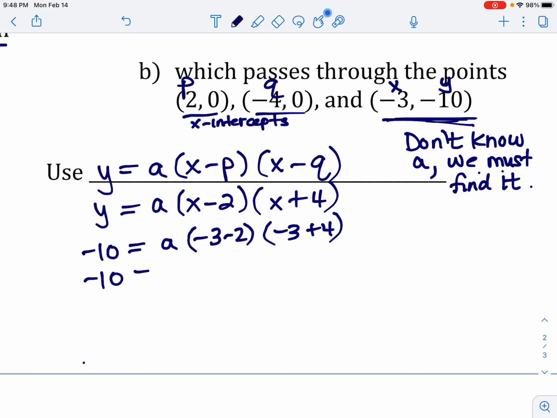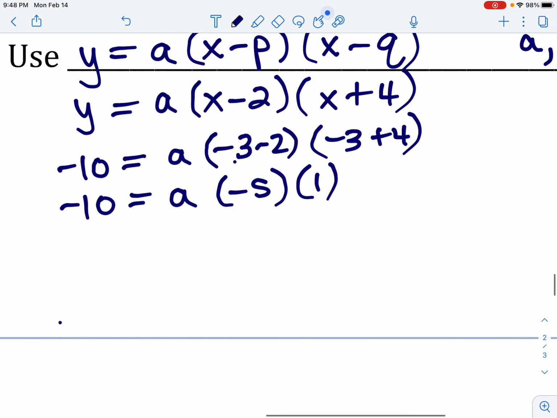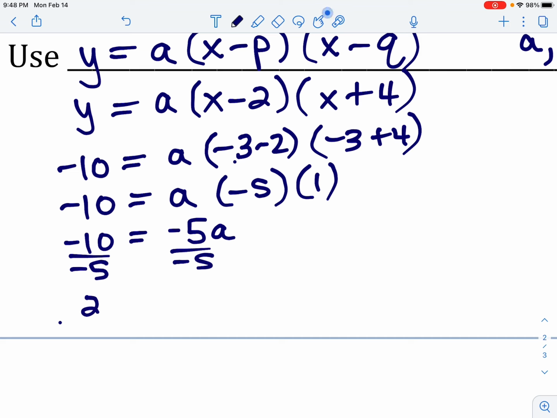I have -10 is equal to a, -3 minus 2 is -5, -3 plus 4 is +1. -5 times 1 is -5, so we're used to seeing it look like this: -5 times a is -5a. Solve for a. I divide both sides by -5, so I get 2 is equal to a.